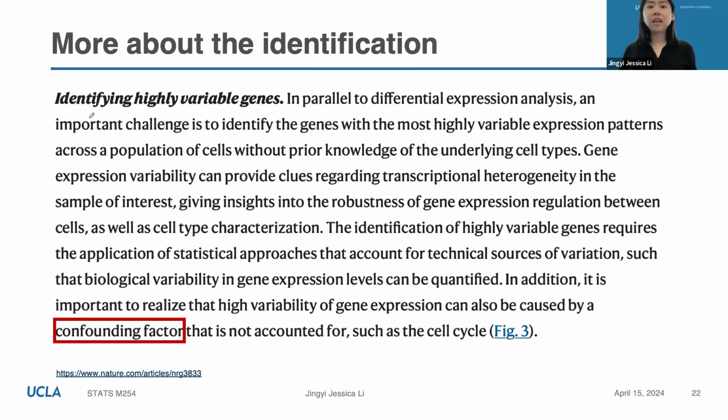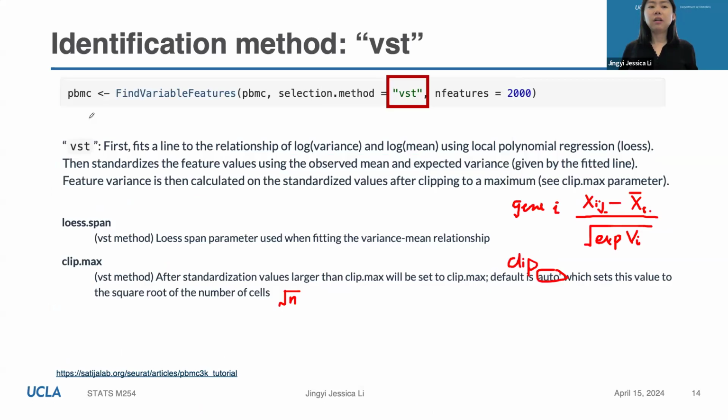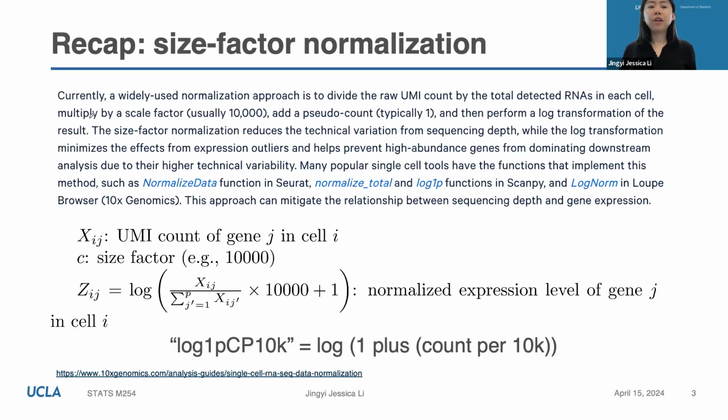So for the log 10K normalization, sorry, let's go back. For this normalization, if you look at the same gene J, you look across cells I, then the relative order of different x_ij and x_i'j, or x_1j, x_2j for two cells, may not be kept after normalization because the two cells may have very different library sizes, right?